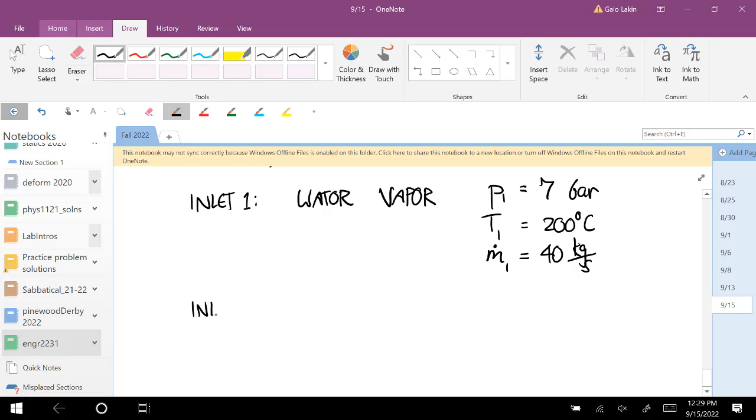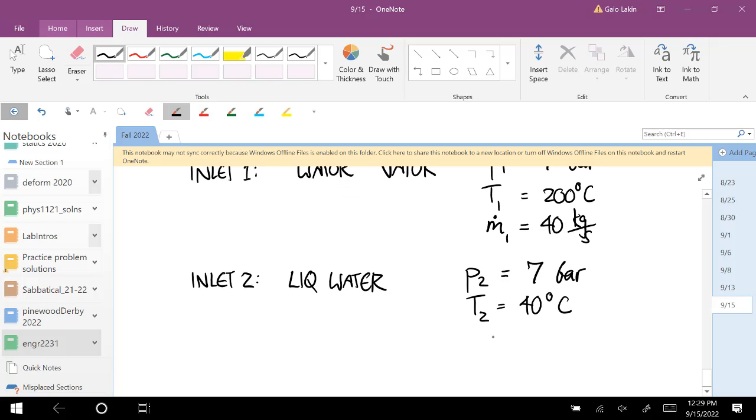At inlet 2, we have liquid water. And we know that the pressure is 7 bar. The temperature is 40 degrees Celsius. The area of the opening is 25 times 10 to the minus fourth meters squared.